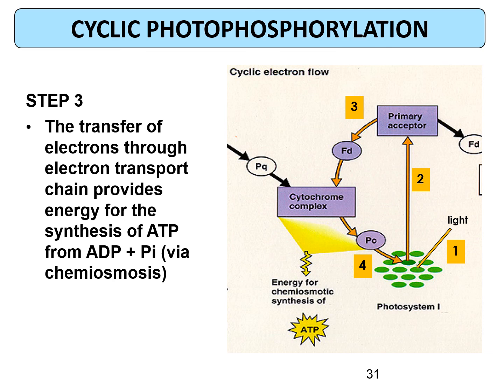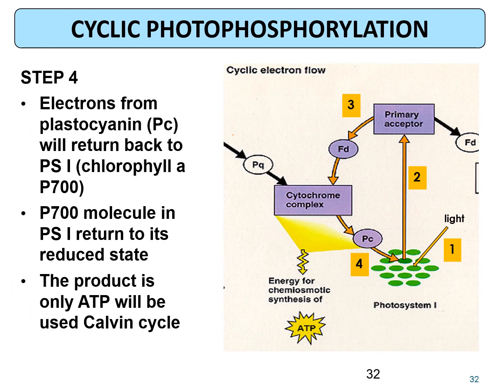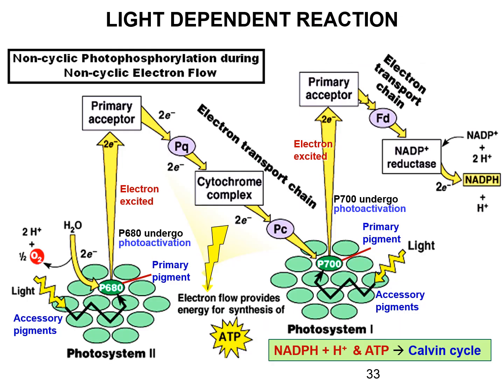The transfer of electrons through the ETC provides energy for the synthesis of ATP. Electrons from the plastocyanin will return to PS1, so P700 will return to its reduced state. And the product will be the ATP, then used in the Calvin cycle, which is the light independent reaction.